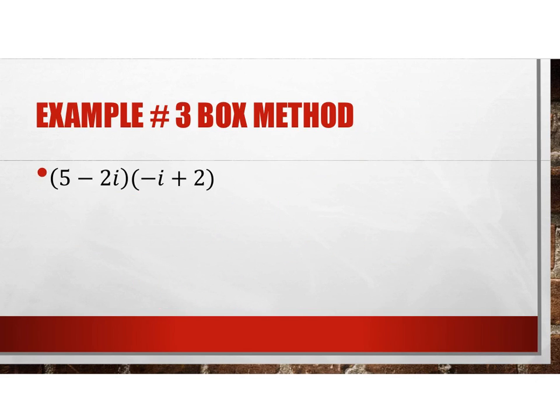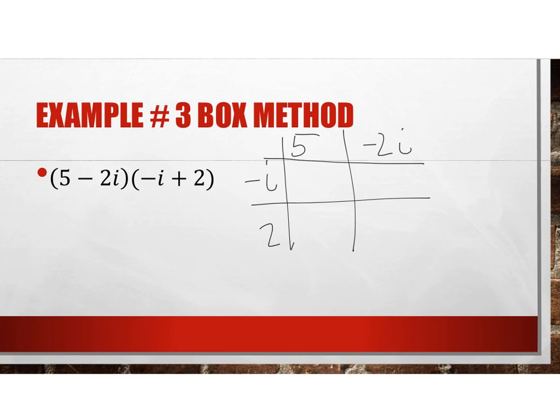You can also use the box method. So let's set it up. I'm going to put 5 and negative 2i on the top, negative i and 2 on the side. Create my boxes. And let's multiply. 5 times negative i gives me negative 5i. 5 times 2, 10.